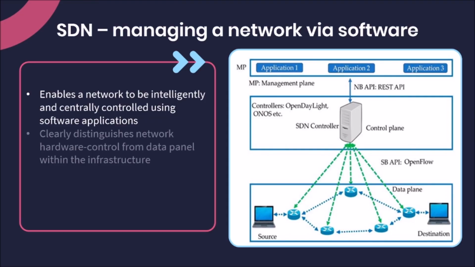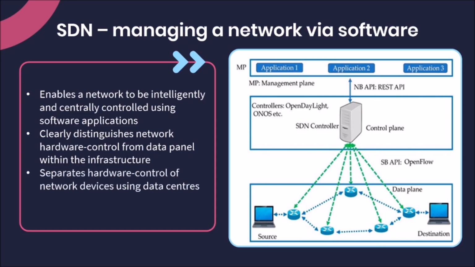This technology clearly distinguishes the network hardware control from the data plane within the infrastructure to enable automation and better policy management. Basically, SDN technology separates the hardware control of network devices using data centers, as can be seen in this diagram.